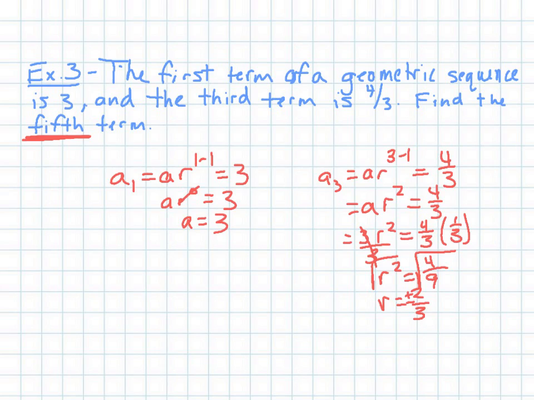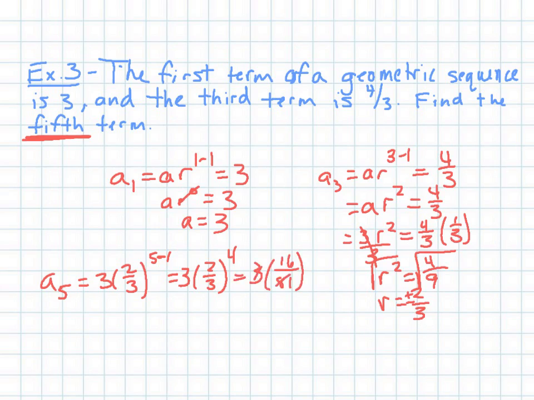So let's try both. Here, a sub 5, you could have 3 times 2/3 to the 5 minus 1 power, and it's equal to 3 times 2/3 to the 4th, and the 4th power gets you 3 times 16 over 81.